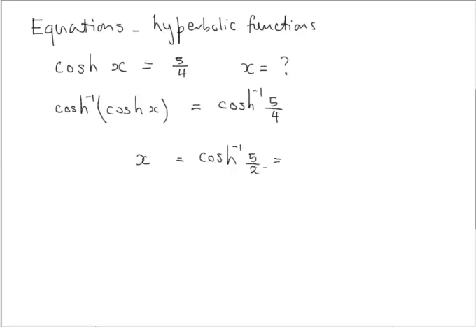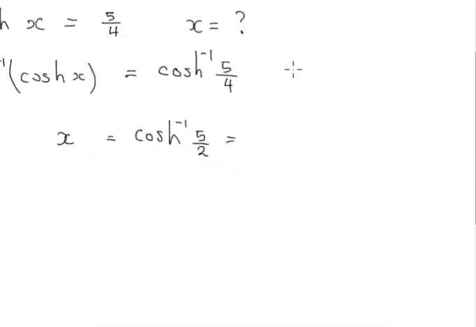The only thing I can do now, if I want to evaluate it and give it in decimal form, is to go and get the expression for cosh hyperbolic inverse. That one we didn't discuss, but it's there in the book. But after discussing the sinh hyperbolic one, I think this makes sense.